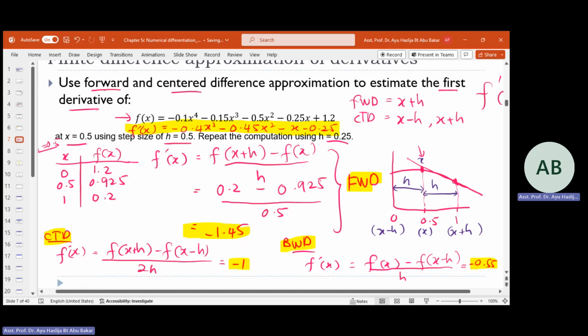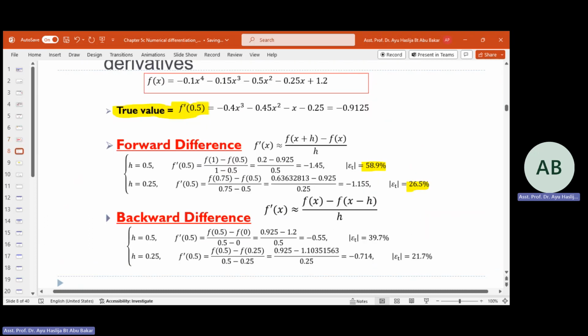Okay, if you try to find for h 0.25, this is the value for forward, backward.